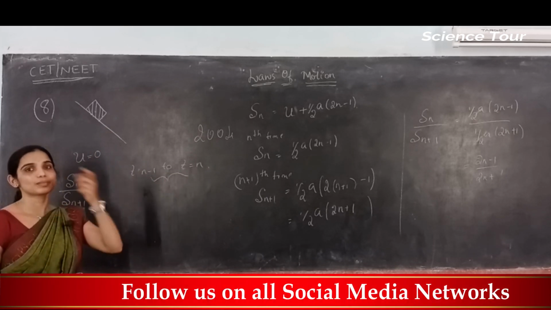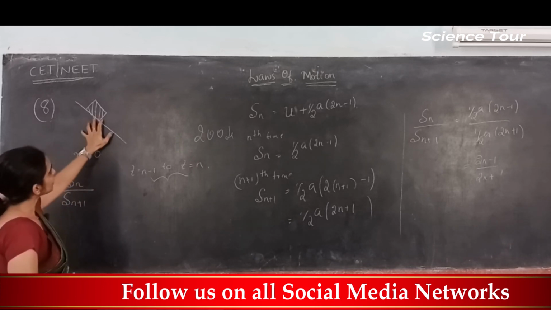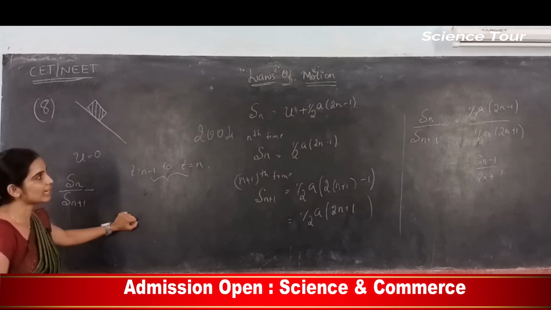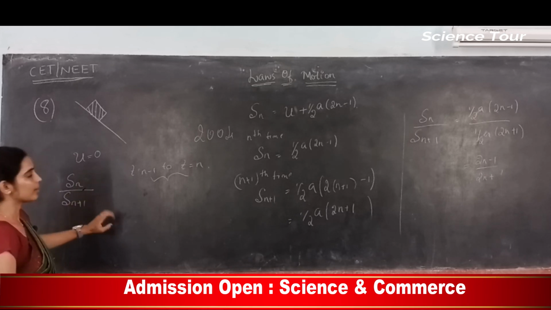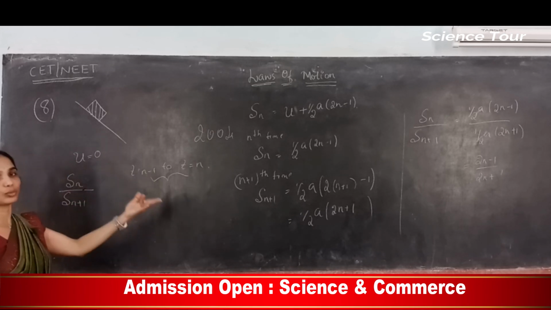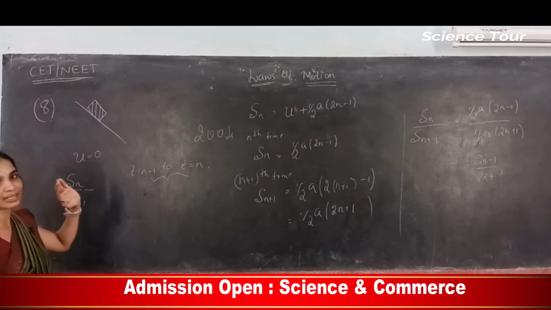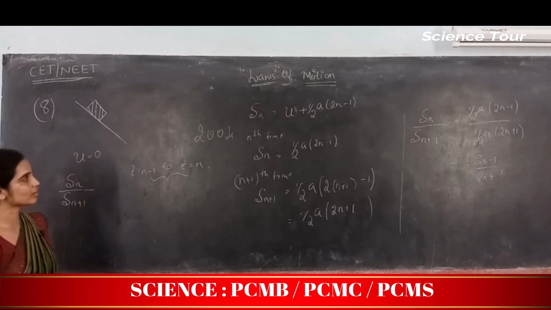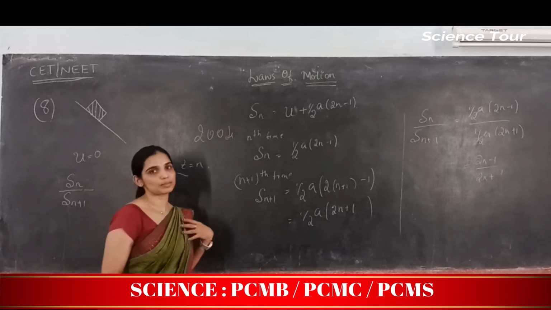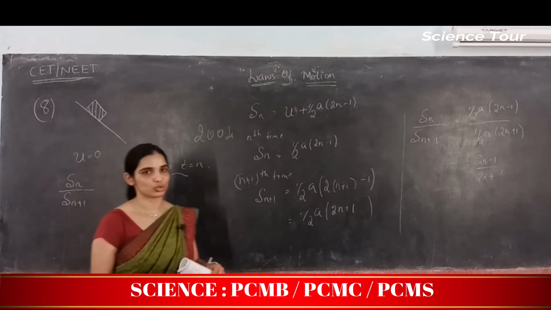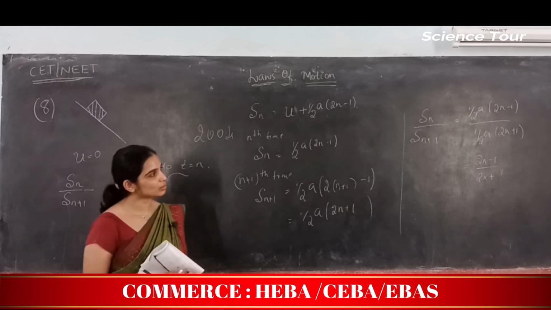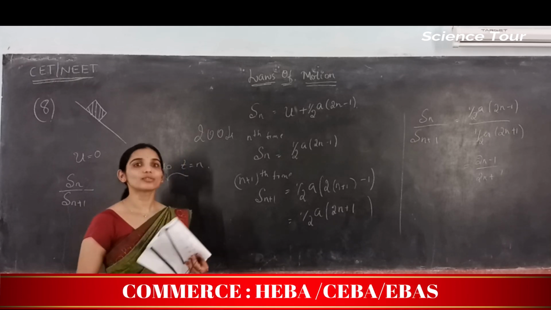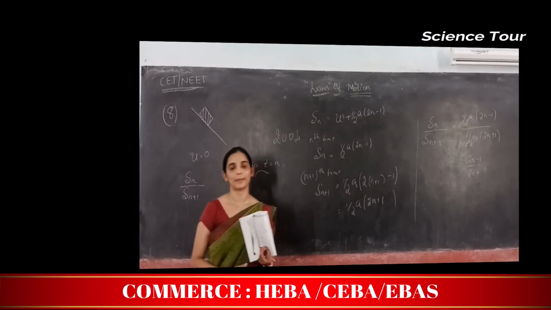What is the ratio between the distance travelled by the same block in the nth second and the n plus 1th second? This formula you must be familiar with, just substitution. There is nothing to do with the laws of motion here. So this is one of the problems from kinematics.